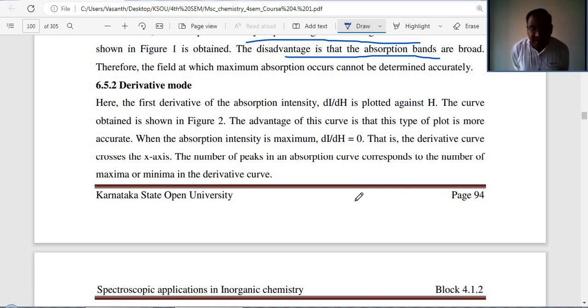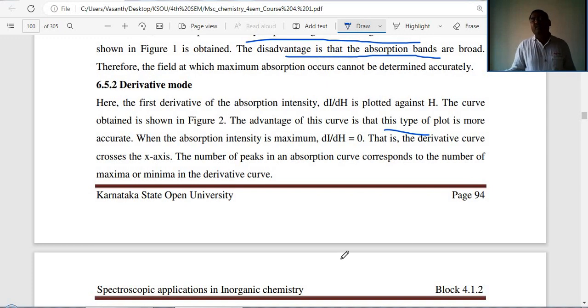The advantage of this curve is that this type of plot is more accurate. When the absorption intensity is maximum, the derivative curve crosses the x-axis.